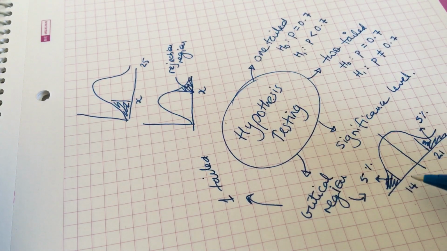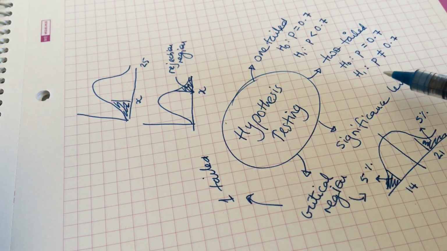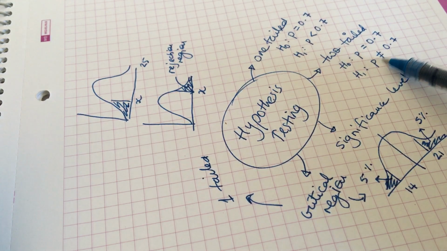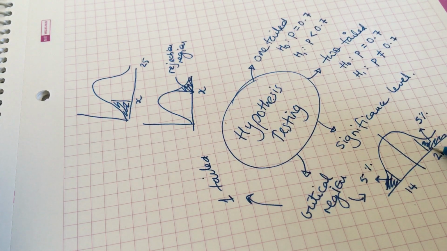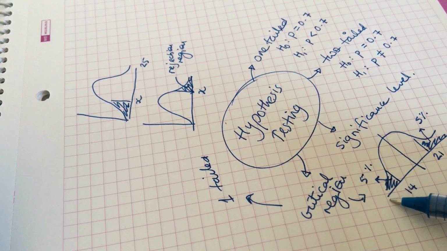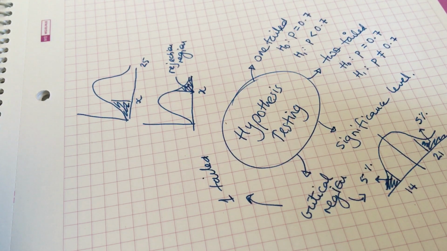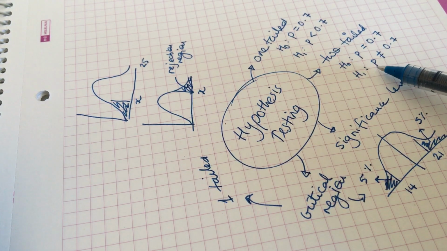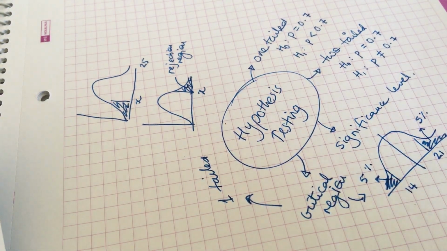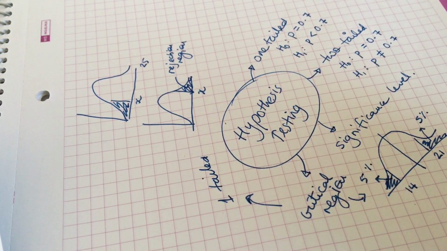Because this was a two-tailed test, since the critical values are 14 and 21, any value less than or equal to 14 and any value greater than or equal to 21 would lead us to reject the null and conclude that there is sufficient evidence to reject the claim that 70% of the candidates pass first time.